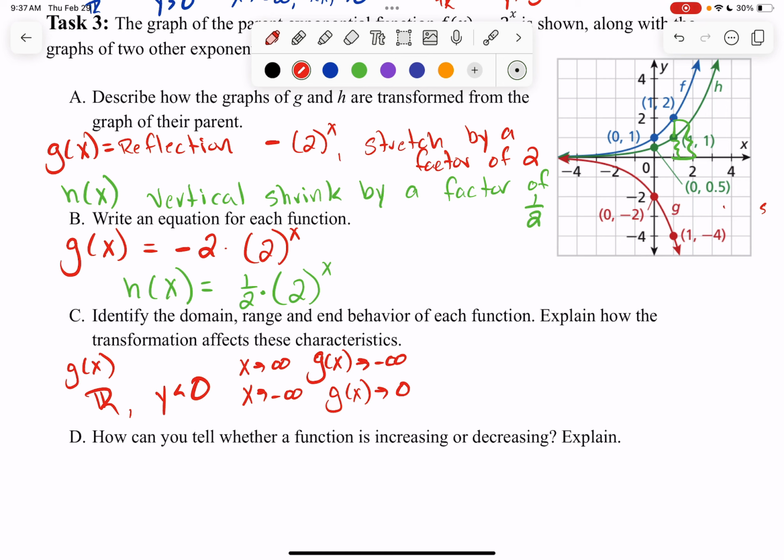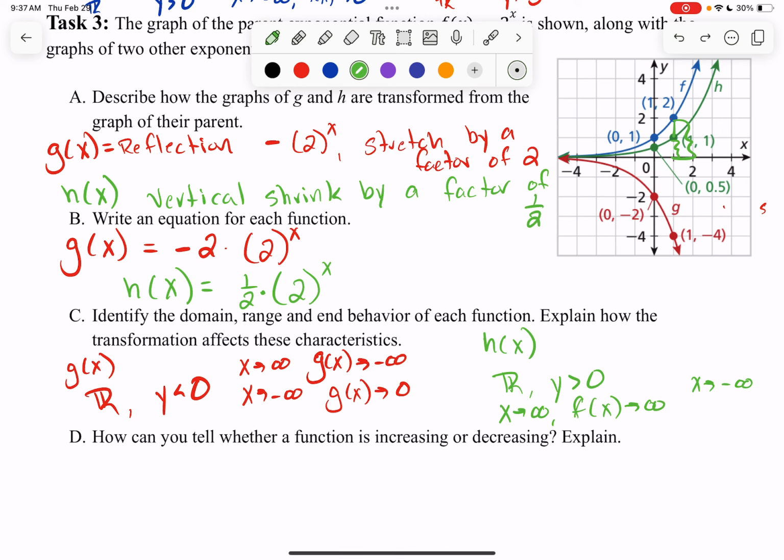Whereas for h of x, not a whole lot has changed. My domain is still all real numbers. My range is still greater than 0 because I'm still up here. And my end behavior, as x gets big, so does my function. It's still increasing. And as x gets small, my function still goes to, I shouldn't use f of x.